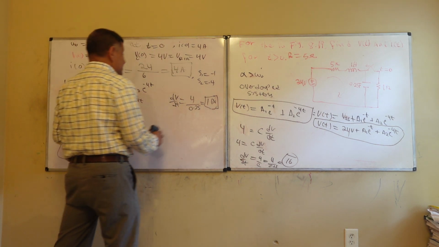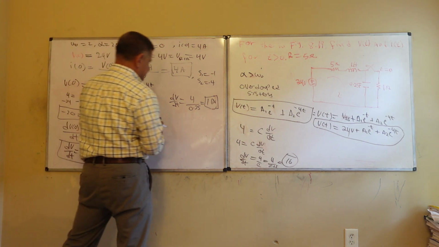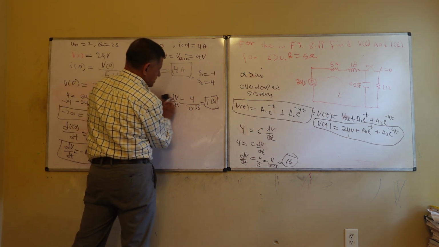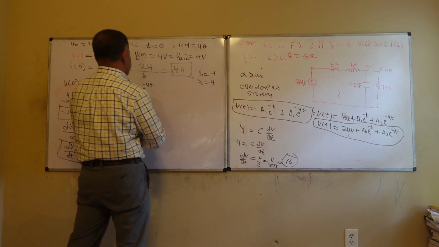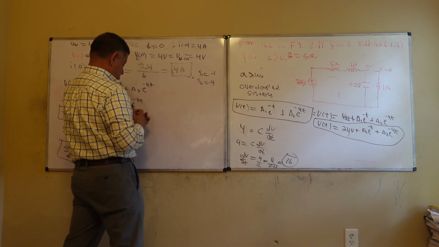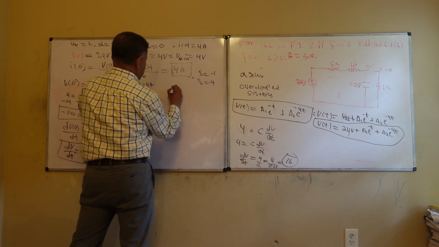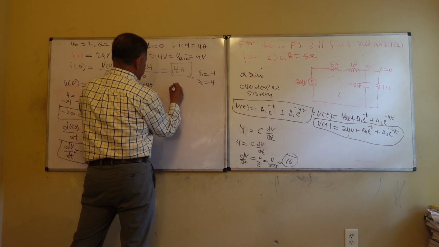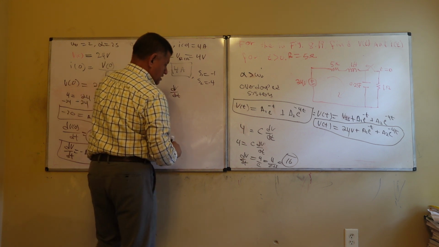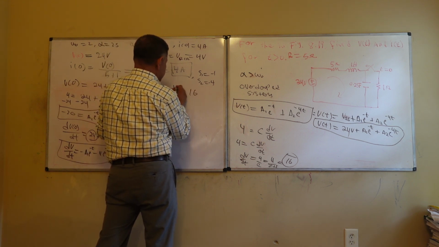But anyway, let's keep doing this. This is a different condition. Now we have another condition, so we know that dV over dt is equal to 16 volts.